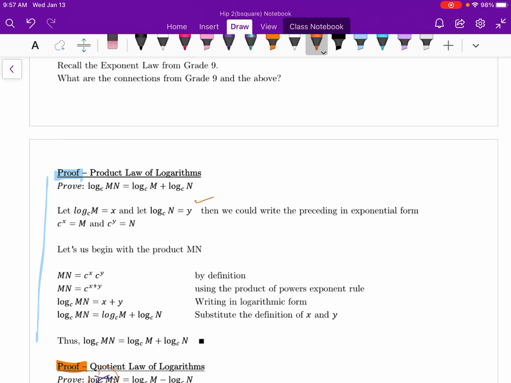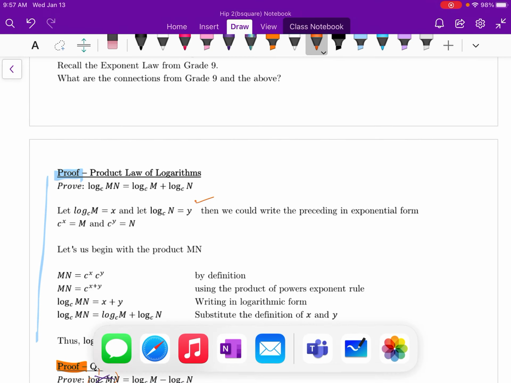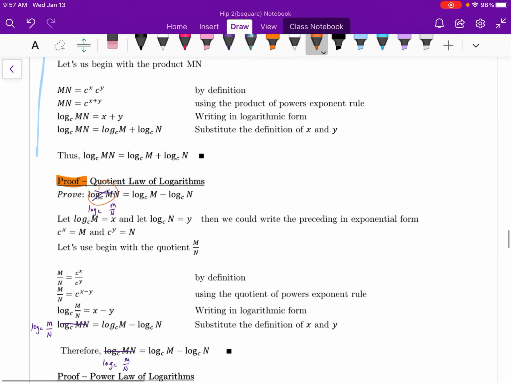Try to follow along. Spend some time with it. Now, this second one, I made a mistake. A very simple mistake. I'm going to prove the quotient law of logarithms. So please erase this part and write log base c of m divided by n. And that's going to be log base c of m minus log base c of n.